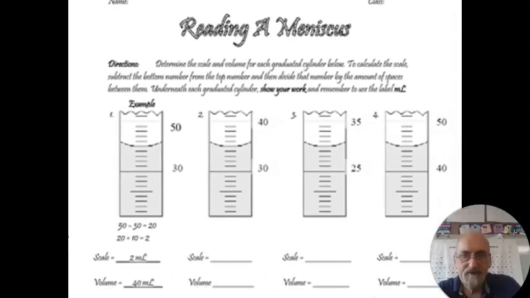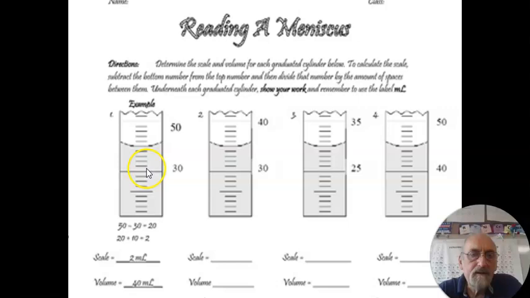Here are some examples of graduated cylinders with the meniscus for us to practice on. You can see the first one as an example is given for us, and remember, each graduated cylinder might be different. Some are larger than others. So here, this line is 30. This line up here is 50.